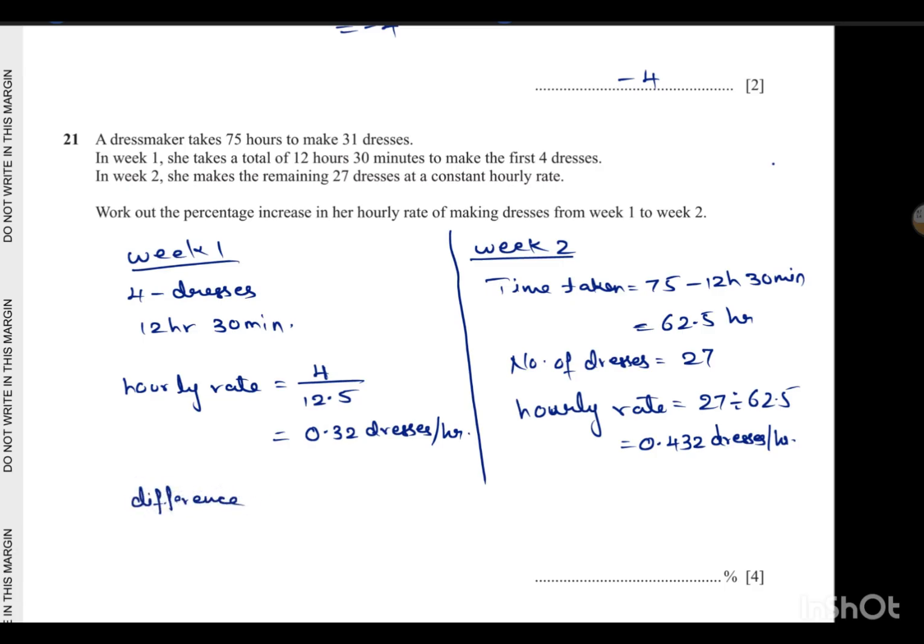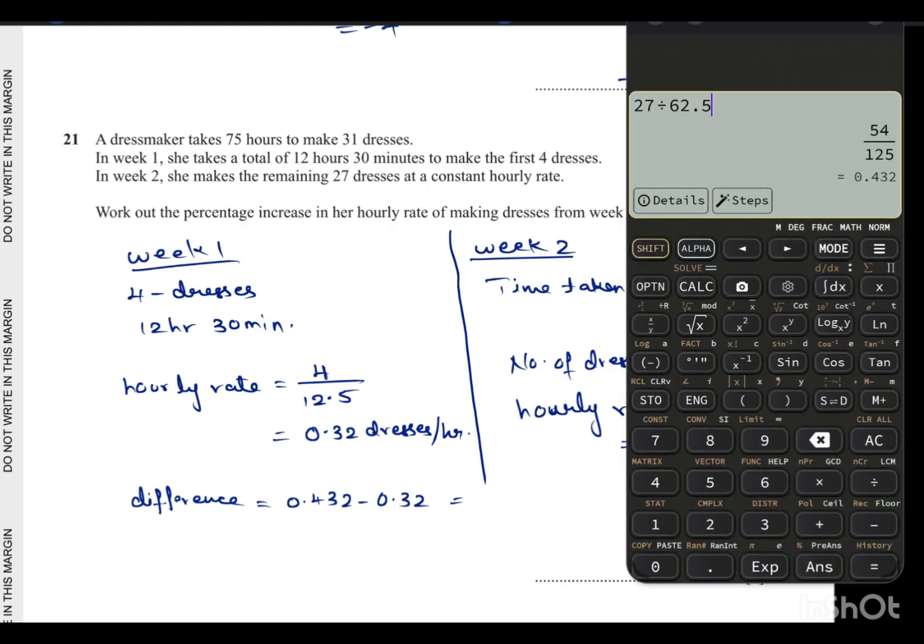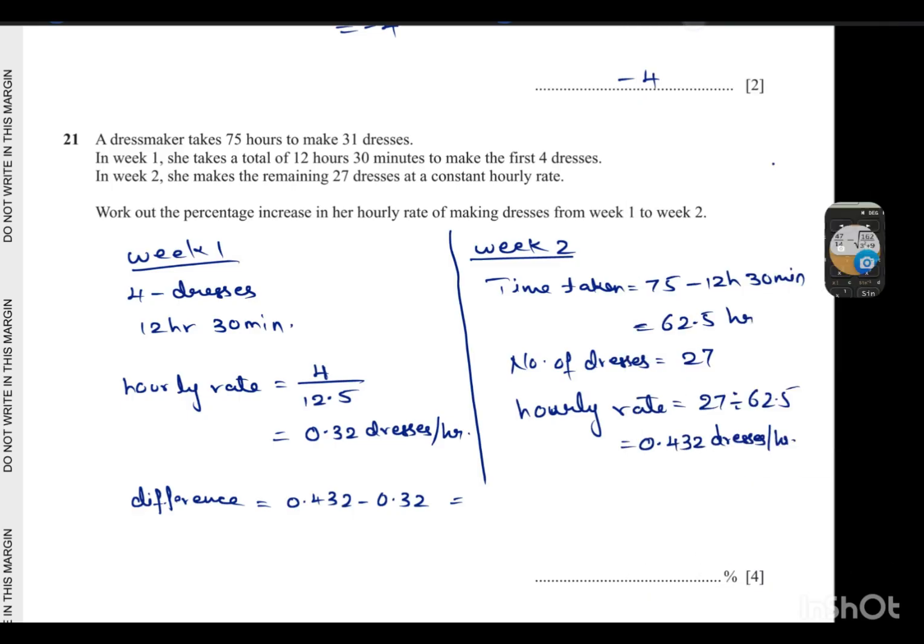Difference: 0.432 minus 0.32 will be 0.112.